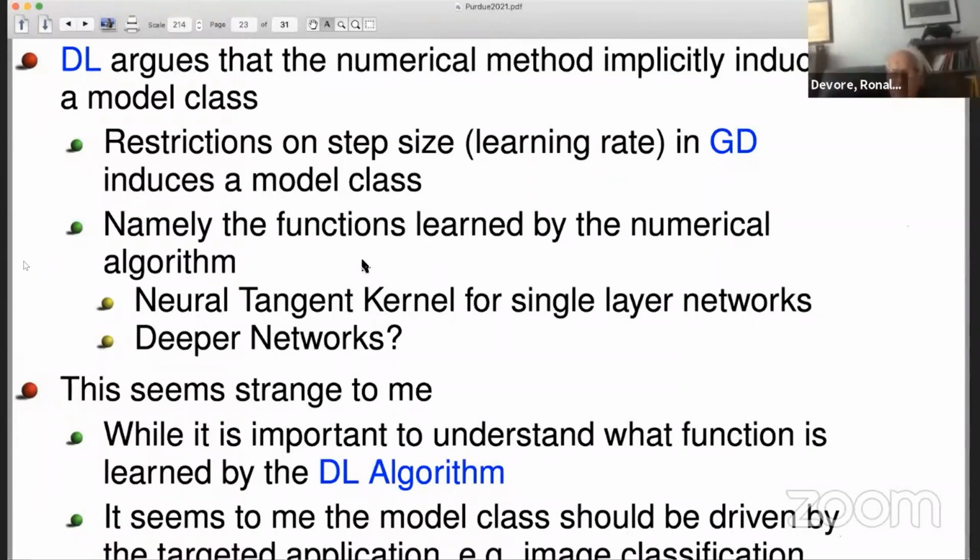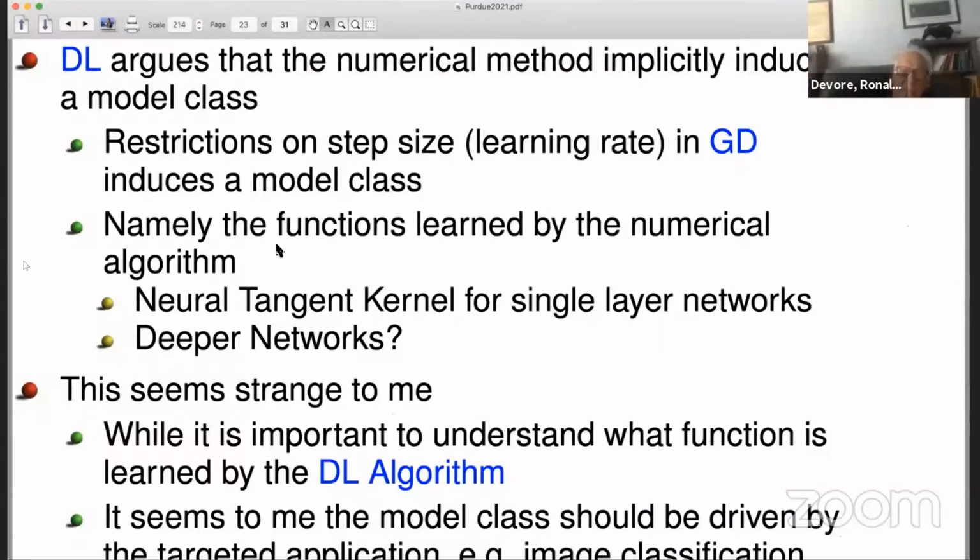We can show you empirically in a lot of examples that it's doing well. We don't have a model class, but we somehow know that deep learning is picking out a certain function as how it takes the data and extends the function off of the data.